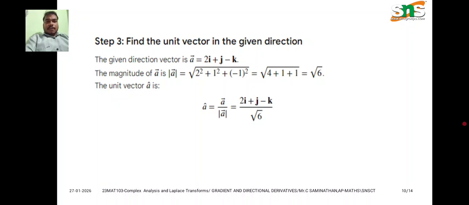The magnitude of the vector, modulus A, equals the root of the sum of the squares of the coefficients: 2 squared plus 1 squared plus minus 1 the whole squared, which is root 6. Therefore the unit vector A cap equals A vector divided by modulus A, which is 2i plus j minus k divided by root 6.